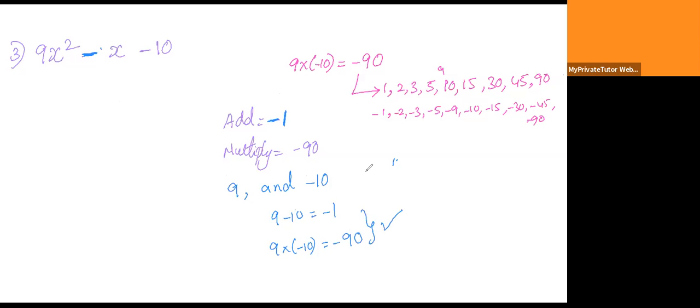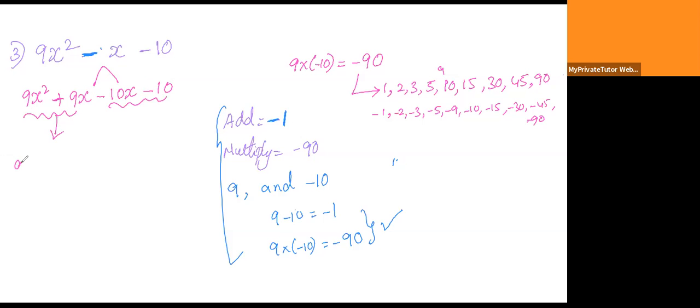Okay, so we got the numbers. So split this question, I mean the middle term. This minus x can be written, using these terms, as 9x minus 10x. So we have 9x square plus 9x minus 10x minus 10. And then just find the factors separately.